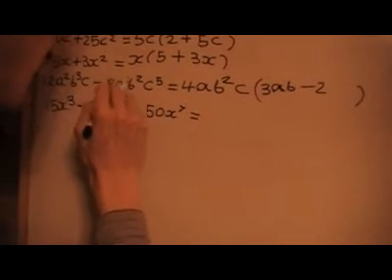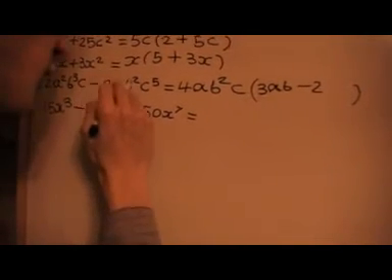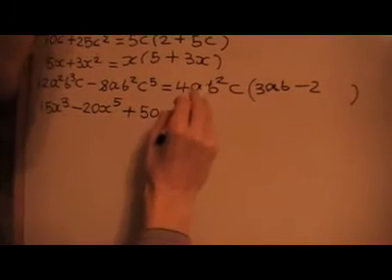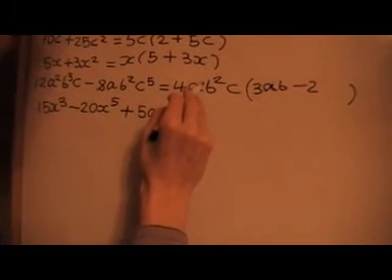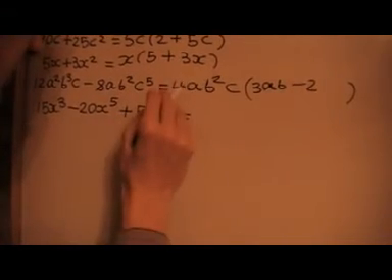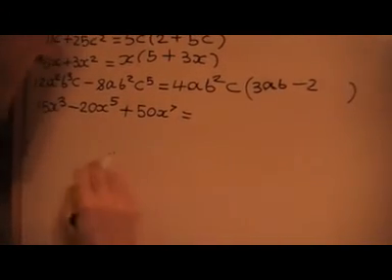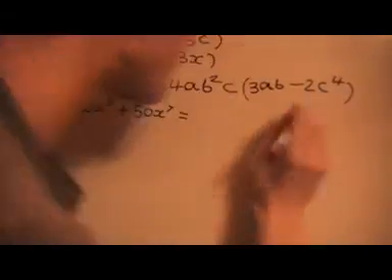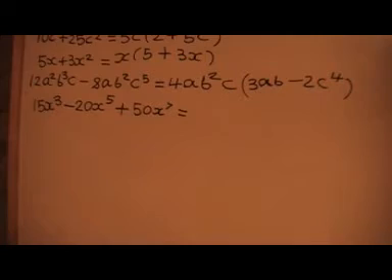We don't need to multiply by another a or b, because if you notice we've got a here and we've got b squared here. So we don't need to put any a's or b's here, but we need to put a c to the power of 4 to get that to c to the power of 5.